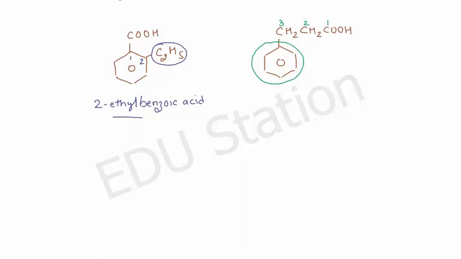So we write prop. There are single bonds between carbons, so it will be propan-1-oic acid, or simply propanoic acid. On the third carbon, you have the ring. If ring is not preferred, we use the word phenyl.